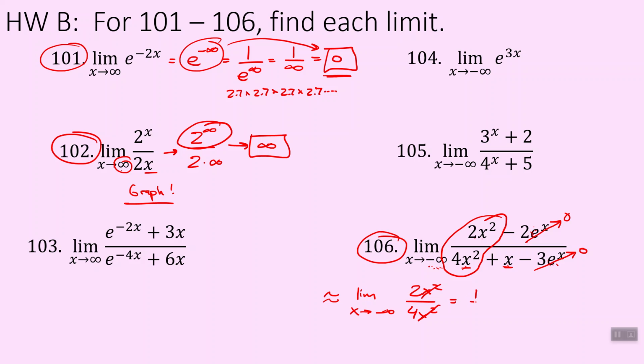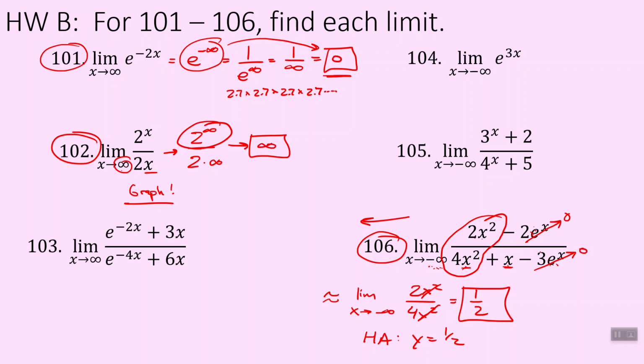We get 2 over 4 or 1/2 as our answer. So this will have a horizontal asymptote as we go backwards toward negative infinity of y equals 1/2. So we have an HA y equals 1/2. And that's how we write horizontal asymptotes.